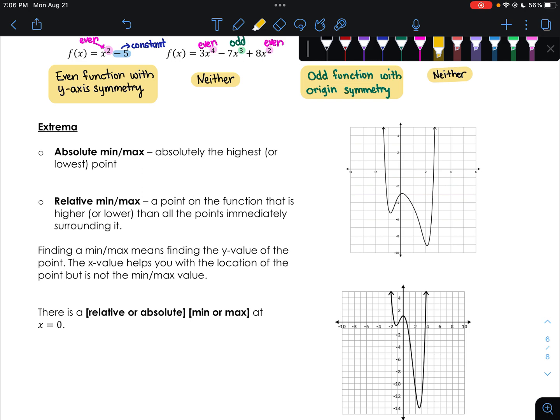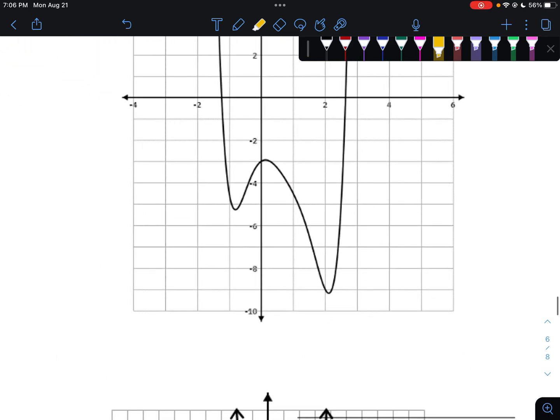The relative minimum and the relative maximum is a point on the function that is higher than all the points that are immediately surrounding it. So it can also be lower if it's a minimum. So if I look at this graph right here, this point right here is a minimum. But it is not absolutely the minimum because there's another point that is lower than it, which is this one.